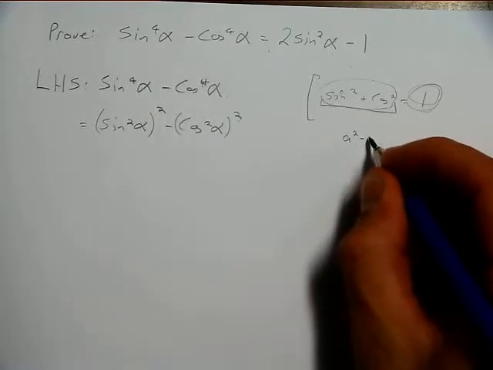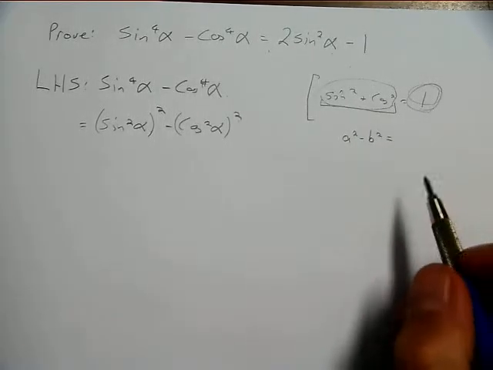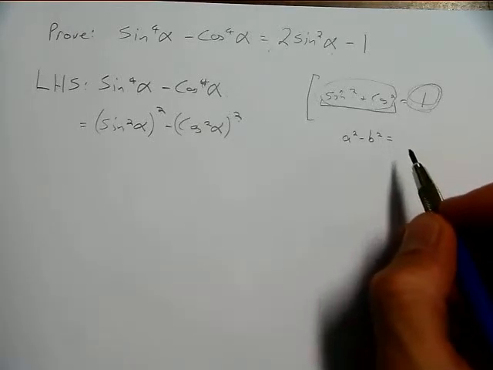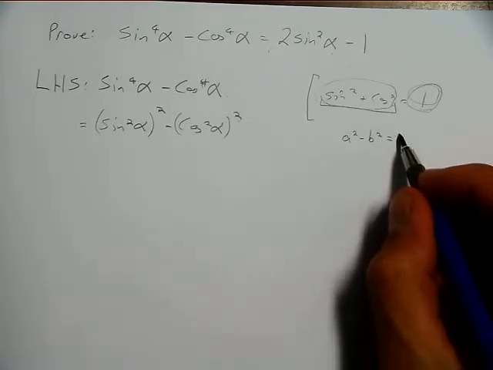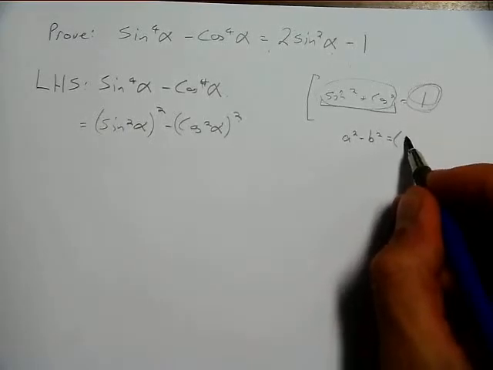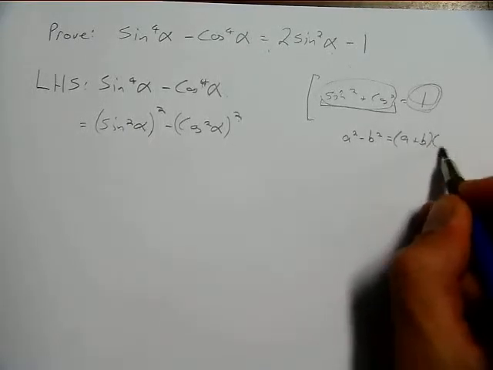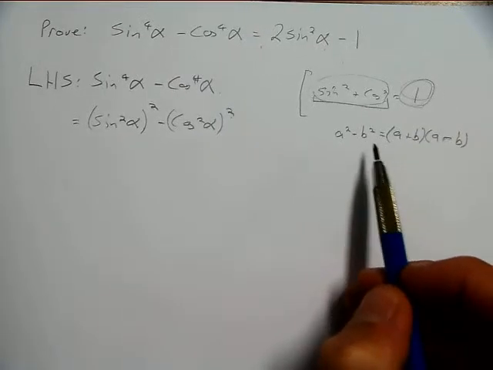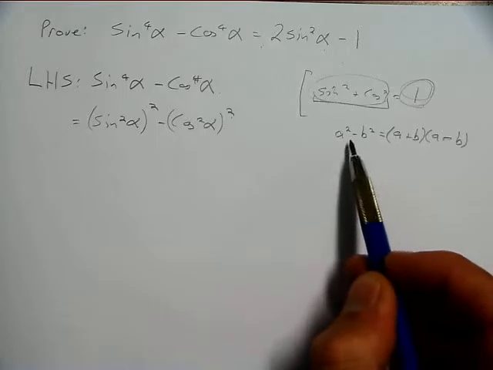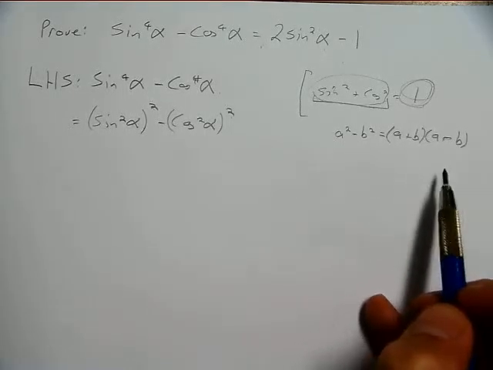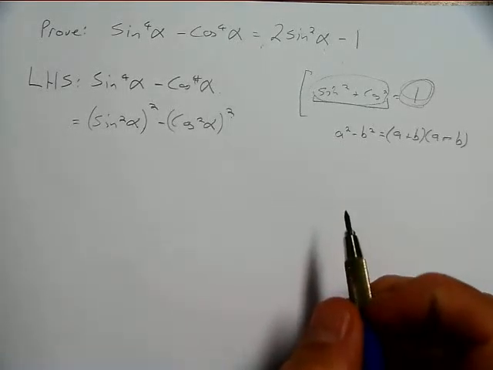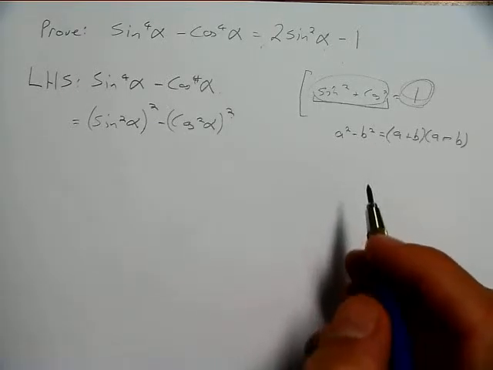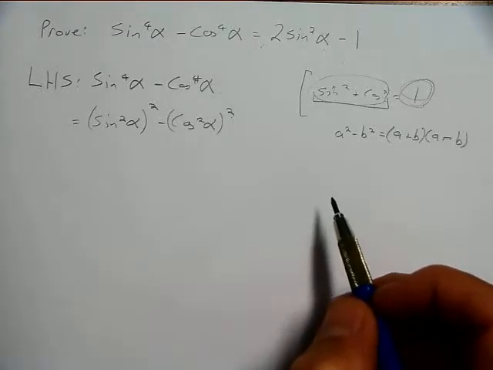If I have a squared take b squared, does anyone remember this? No, that's a perfect square. Yep. You remember this? A plus b, a minus b. So this is an expansion pattern you need to know. A few are going to come up and we're going to need to know them. I'm very sorry if you don't like that, but that's the way it is.